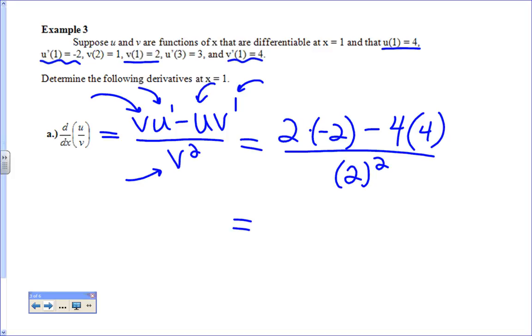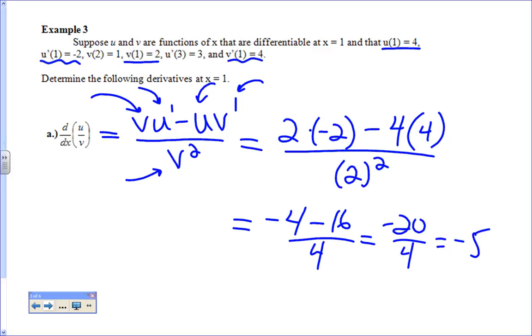So what do we got here? Negative 4 minus 16 over 4. Negative 20 over 4. Negative 5. What does negative 5 represent? The slope of the tangent line at an x value of 1 for what?